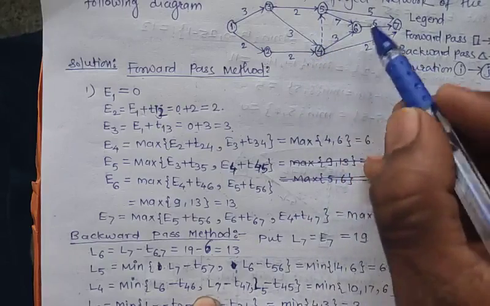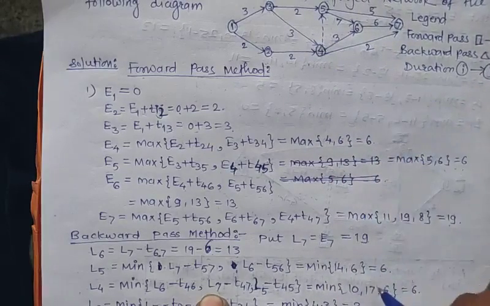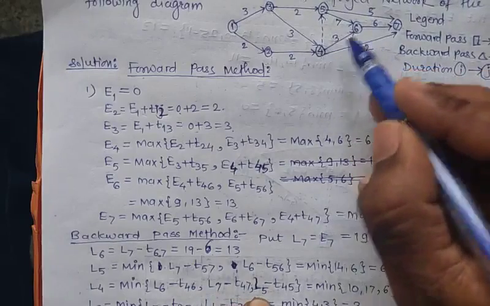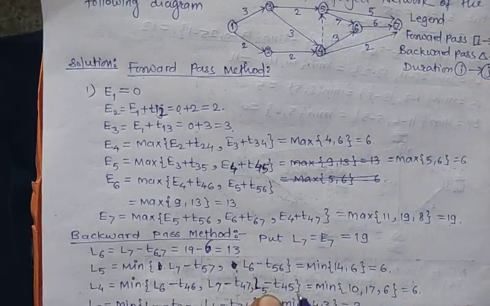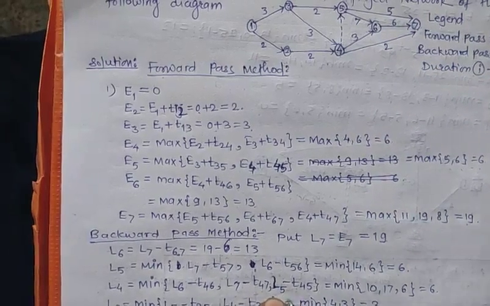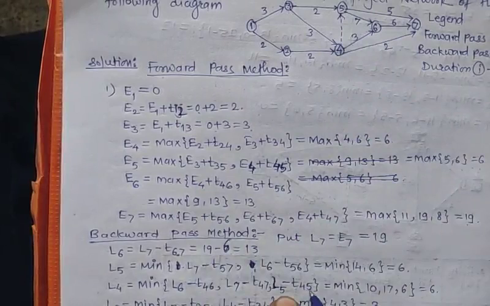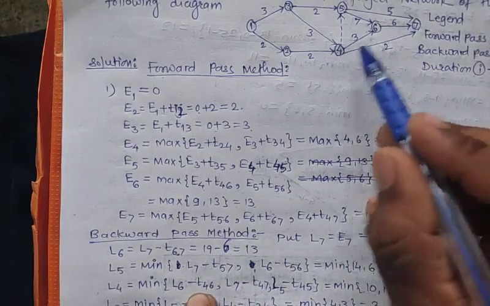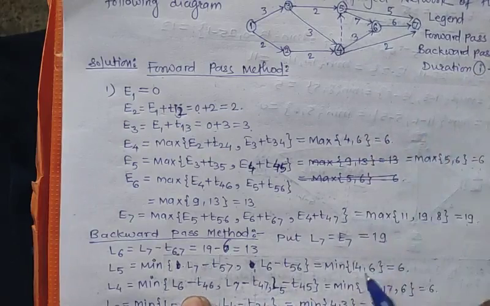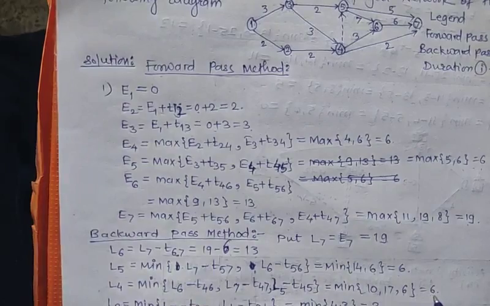We will take the minimum between these. L7 minus T47, so L7 has value 19 minus 2, which is 17. L6 minus T46, so L6 has value 13 minus 3, which is 10. L5 minus T45, so L5 has value 6, and T45 has value 0, so it is 6. So here 10, 17, 6, and the minimum between these three will be 6.